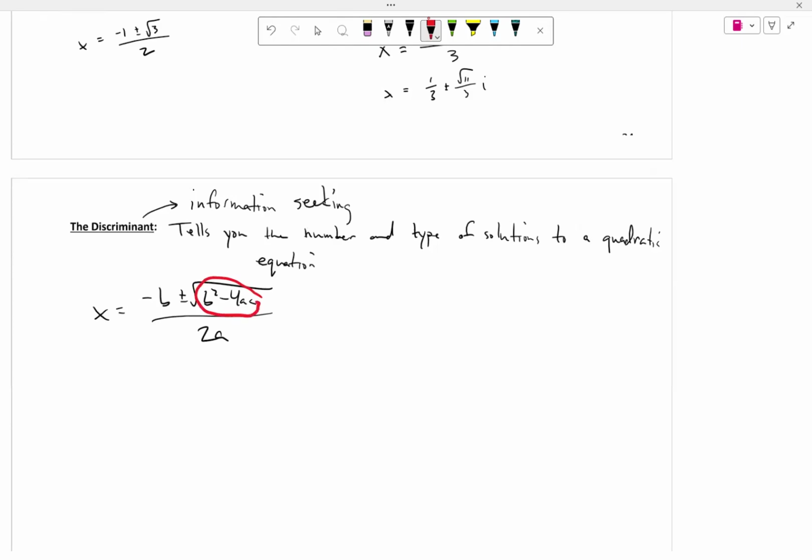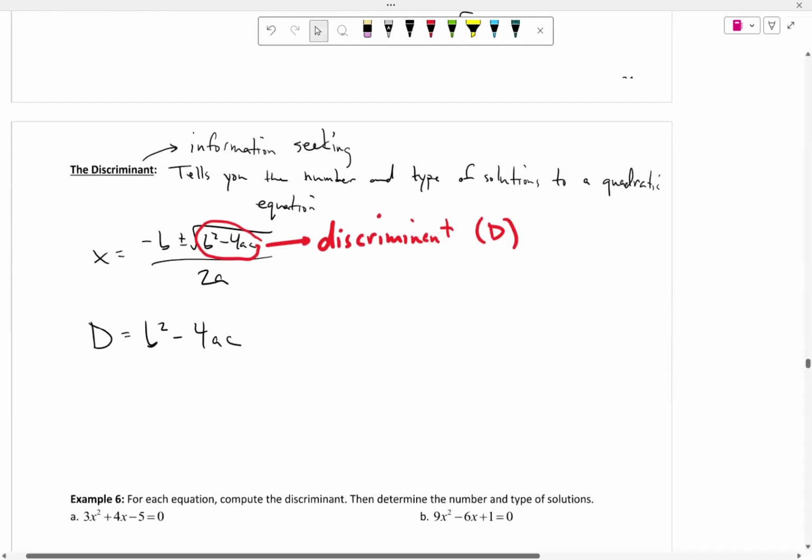The content of the radical is called the discriminant, and normally that is referred to in this class and other places as capital D. D is equal to b squared minus 4ac. Please do not include the radical with the discriminant. It is not part of it. The discriminant is just b squared minus 4ac.